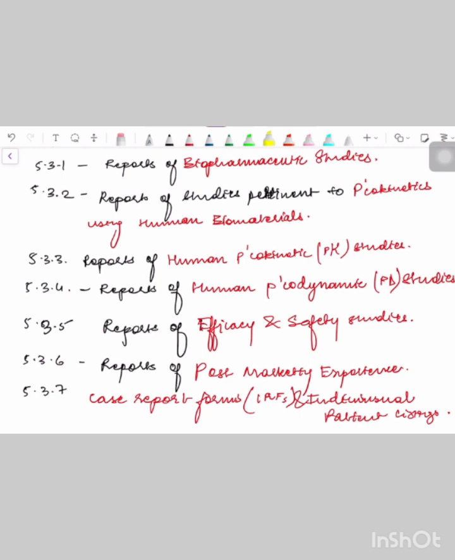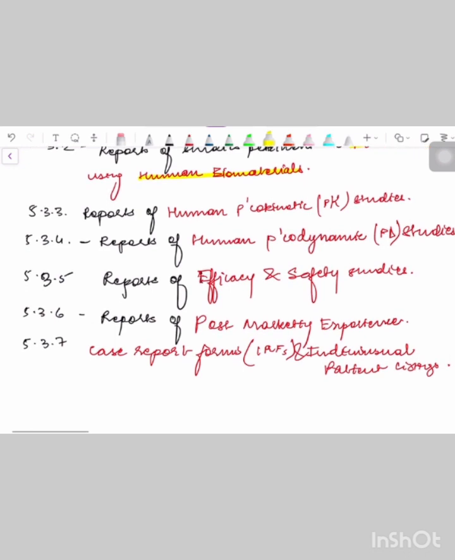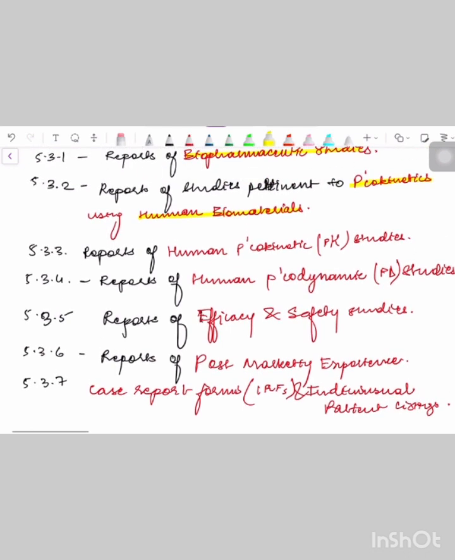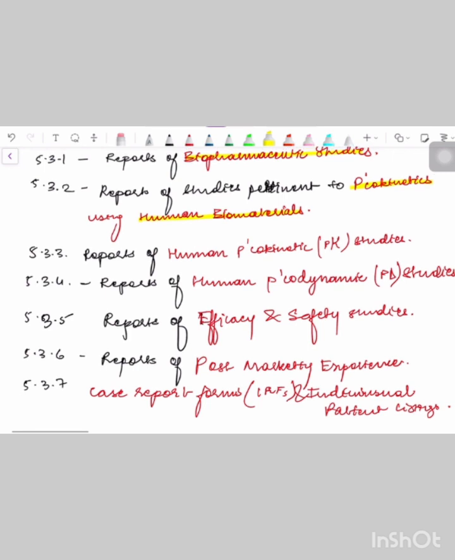In the first subsection, they talk about reports of biopharmaceutic studies, whatever biopharmaceutic studies there will be. In the second subsection, they talk about pharmacokinetics, but those studies pertinent to pharmacokinetics using human biomaterials.